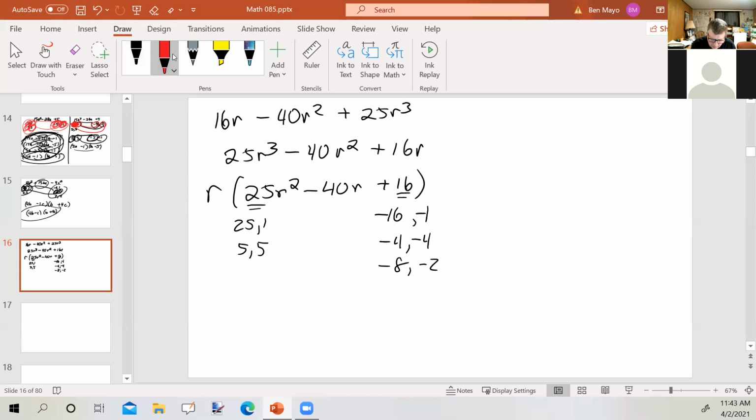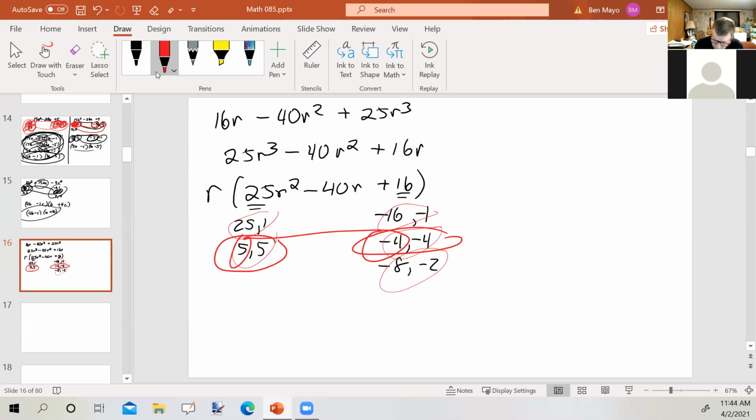So I've got all the factor pairs that multiply together give you 25. All the factor pairs multiplied together give you 16, but they have to both be negative because our middle term is negative and our last term is positive. Okay. So I'm looking for negative 40. Well, let's see here. Oh, how about this?